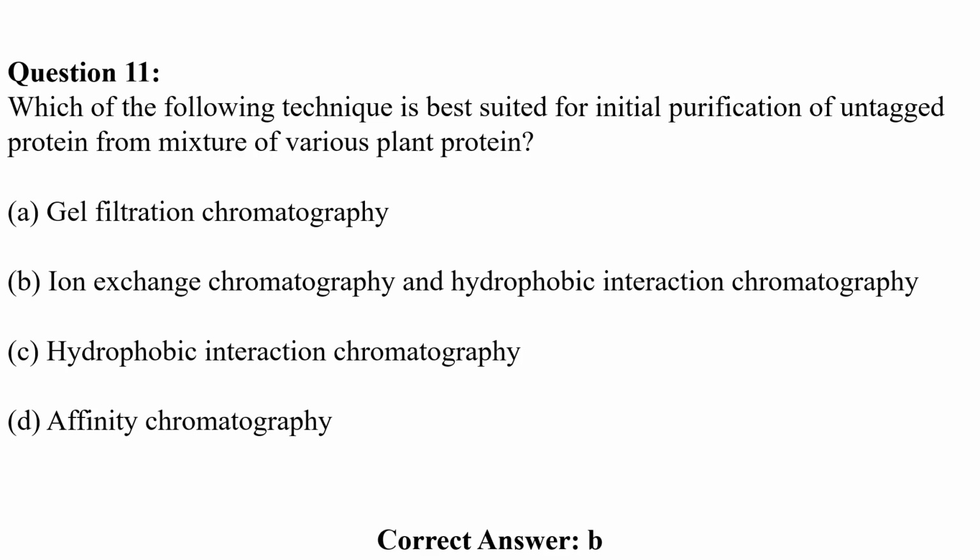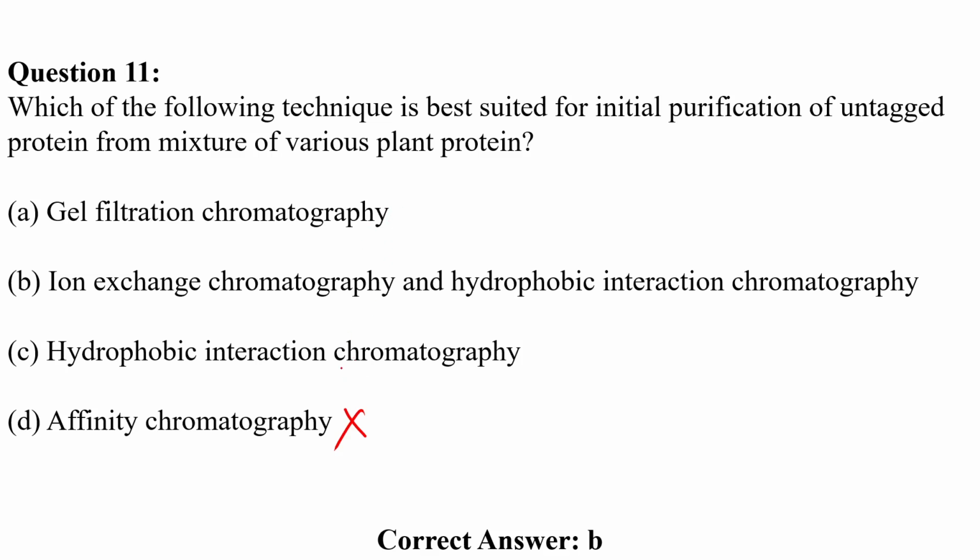Basically, if I have a mixture of various plant proteins and I want to purify a particular protein out of that mixture, you see there is mention of untagged. Basically, we add different kinds of tags so that we can do affinity chromatography. You will study affinity chromatography in detail later. Since it is untagged, affinity chromatography is out of the picture.